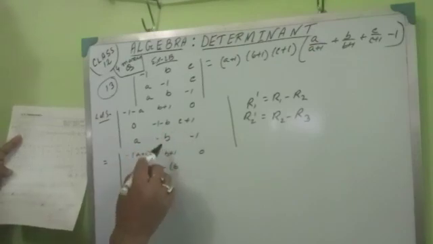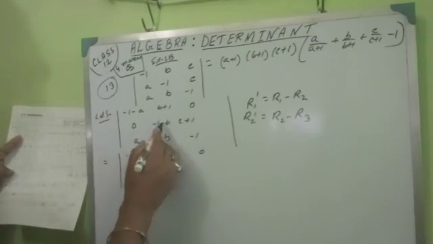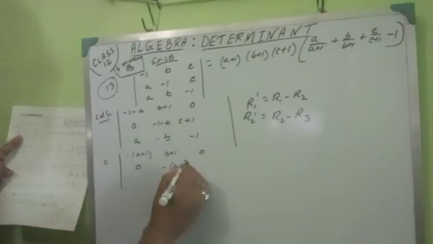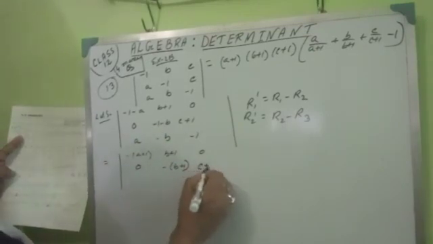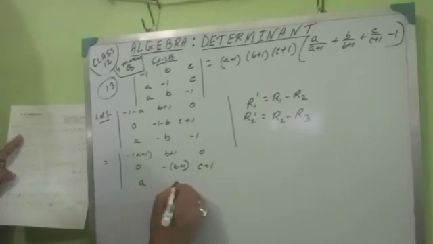So it will be first row b plus 1, and it will be second row, take common minus, it will be minus b plus 1. It is c plus 1, and the third row a b minus 1.